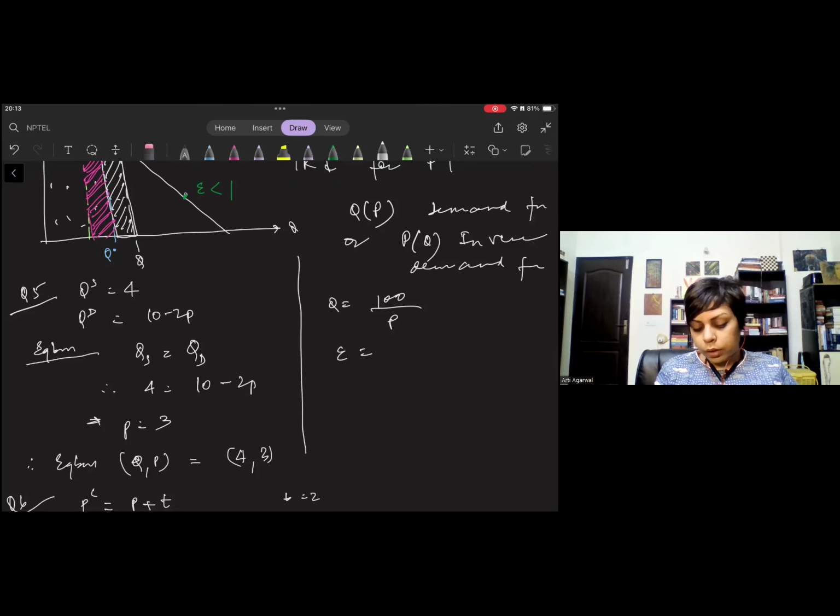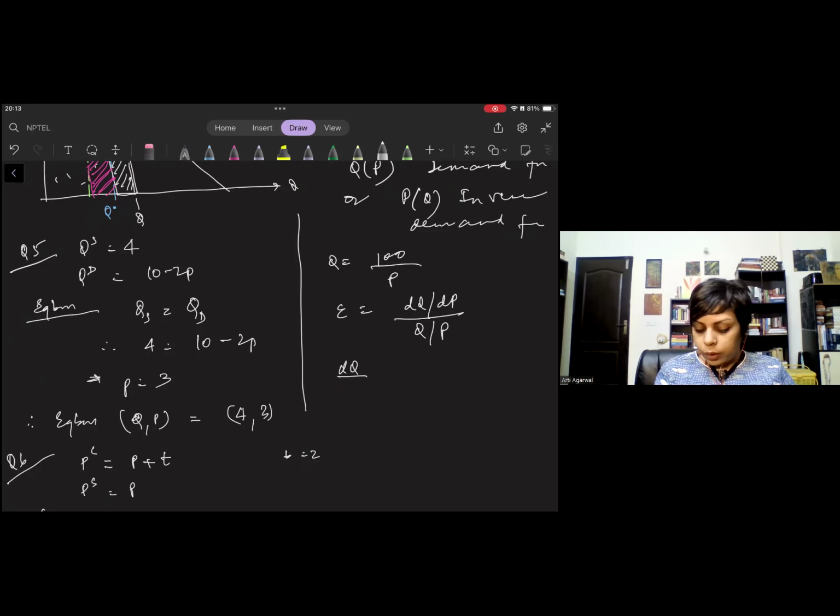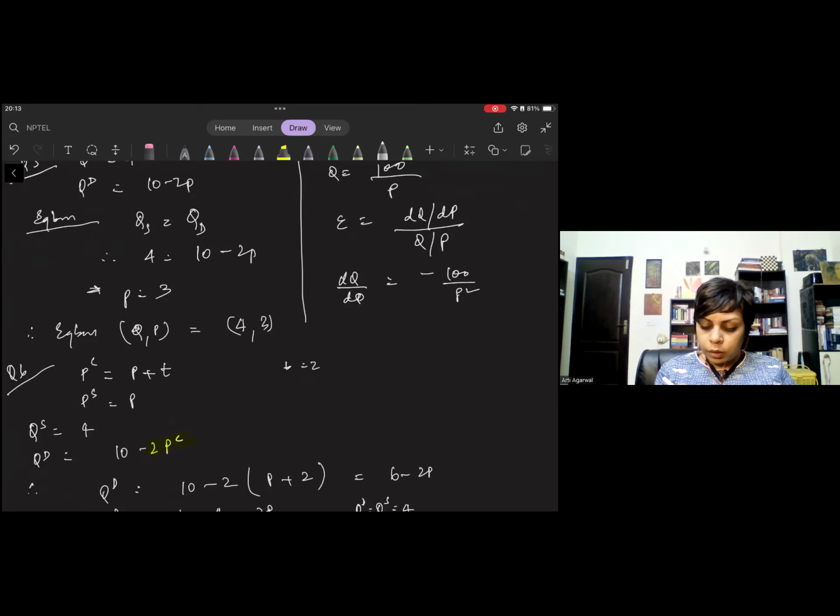Second thing is epsilon is equal to dq by dp upon q by p. Many people forget this denominator part, which means that, suppose in this case, I take dq by dp, it is minus 100 by p square. And this epsilon is equal to minus 100 by p square upon q.